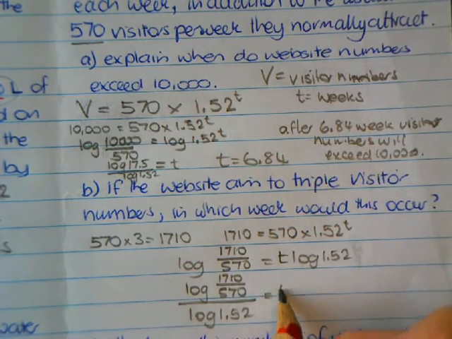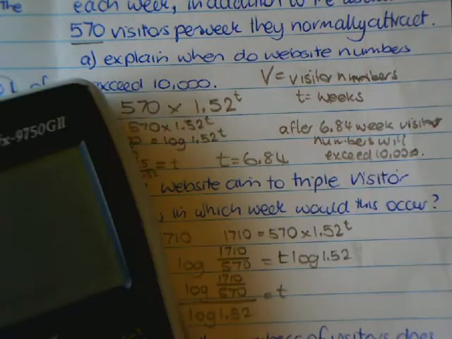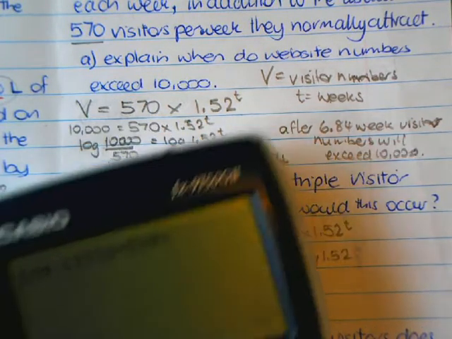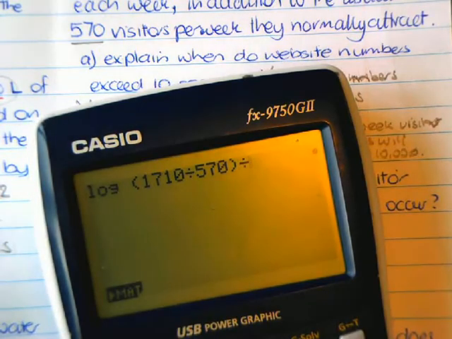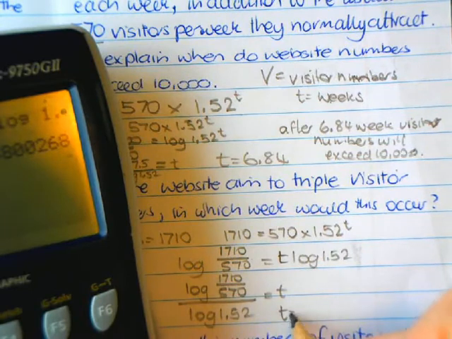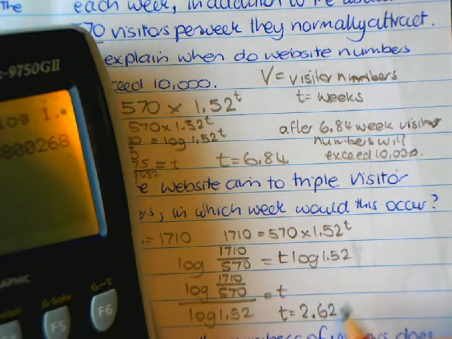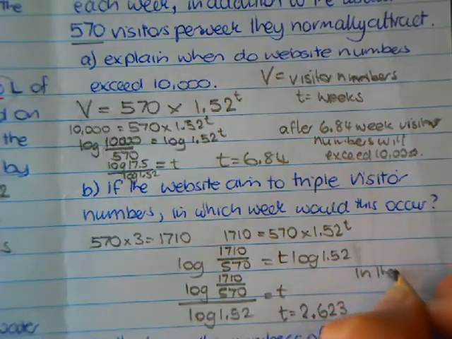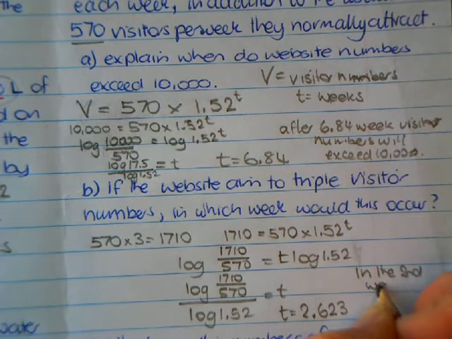Now the t, the power, can come down the front, and we can write this as log of 1710 over 570 equals t. Okay, so in our calculator, log, and I might just use a bracket there, 1710 divided by 570, that's that top line, divided by log 1.52 equals 2.6.